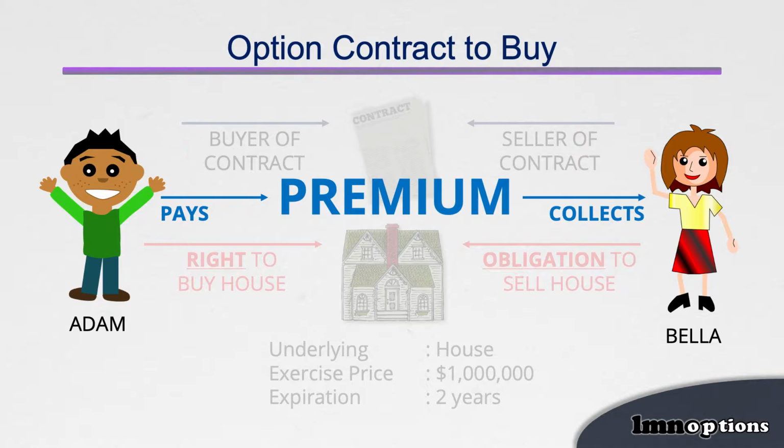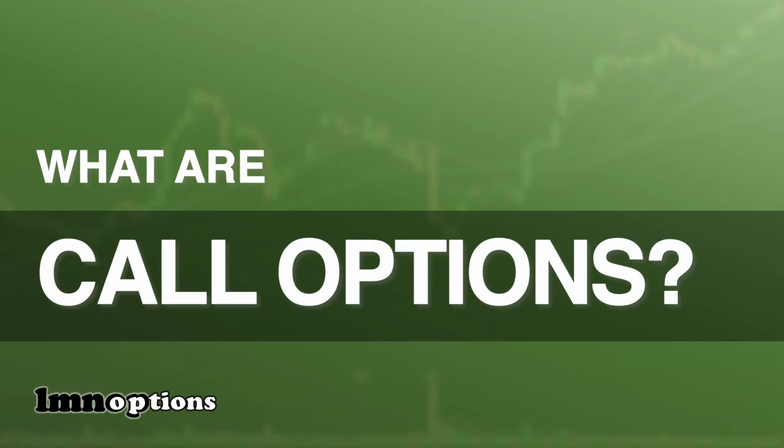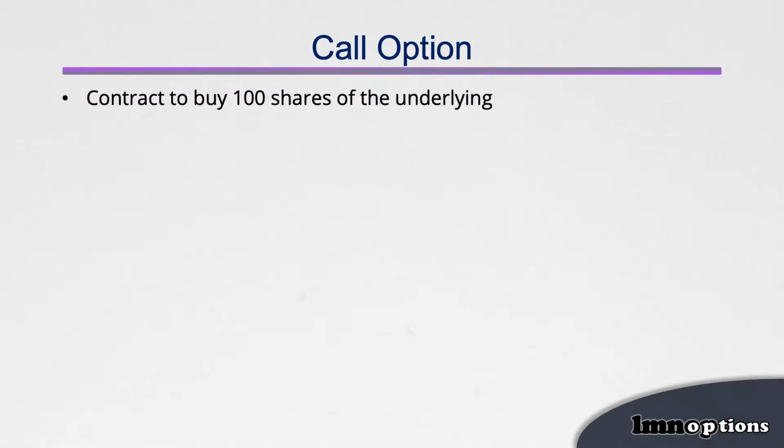So, how does this apply in the stock market? In the stock market, an options contract to buy shares is known as a call option. And that is what we are going to discuss today. A call option is a contract to buy 100 shares of the underlying company.